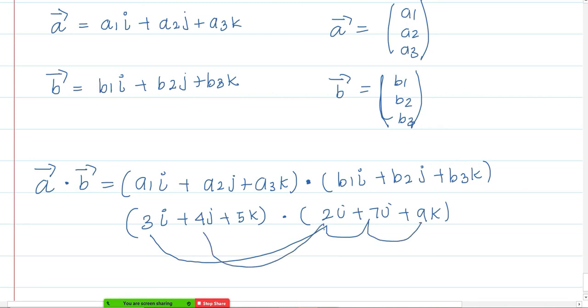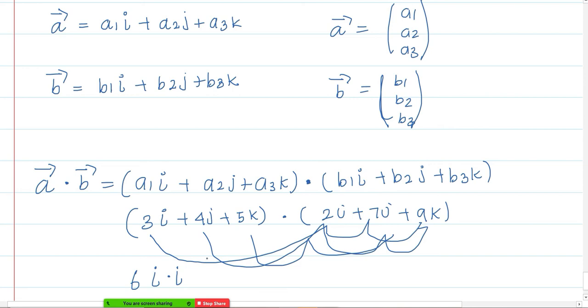In this product, what you will observe is that 3 and 2 are just numbers. So you can write 3 times 2 as 6, and you can write the dot product of i and i as i dot i. We are going to follow that pattern.